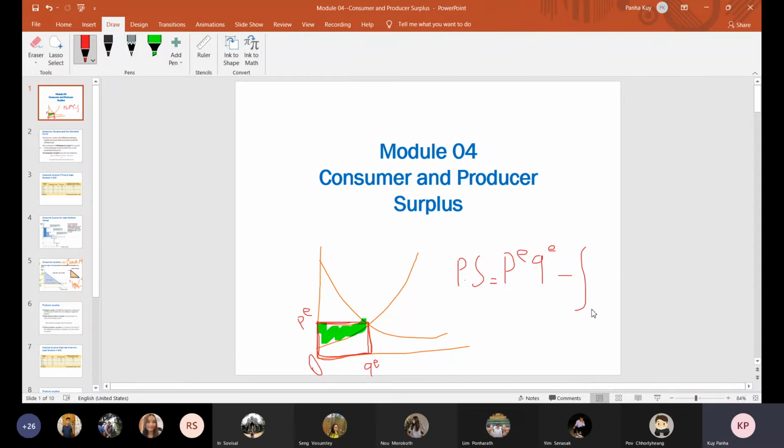So what we can do is integrate from 0 to QE of the supply function S(Q). Yeah, so that is the formula for the producer surplus.